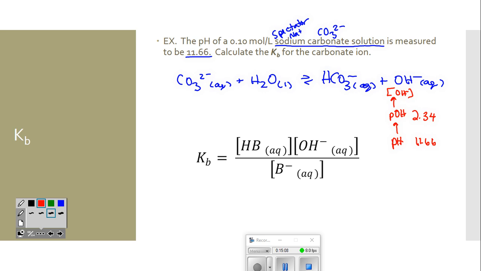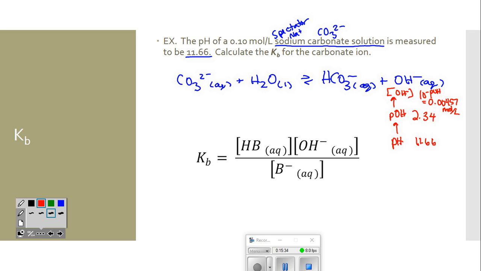They have to add up to 14, so I did 14 minus pH, just like in the previous question. Now to figure out the concentration of hydroxide, it's 10 to the negative pOH, and I end up with 0.00457 moles per liter.